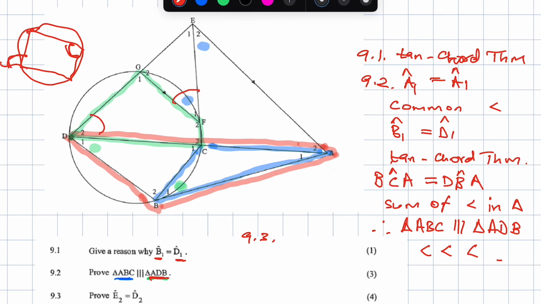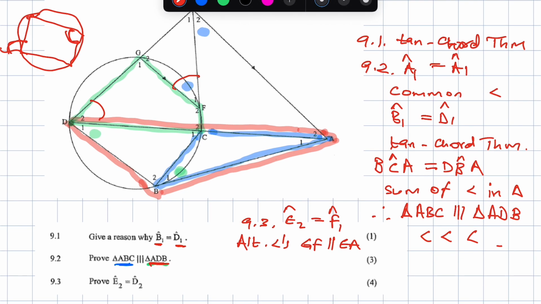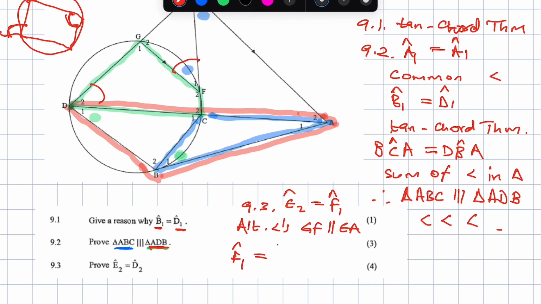But first of all, we know that E2 equal to F1. Angle E2 equal to angle F1. Remember we said that is alternating angles. Alternating because GF is parallel to EA. And then from there we're going to say angle F1 is equal to angle D2.